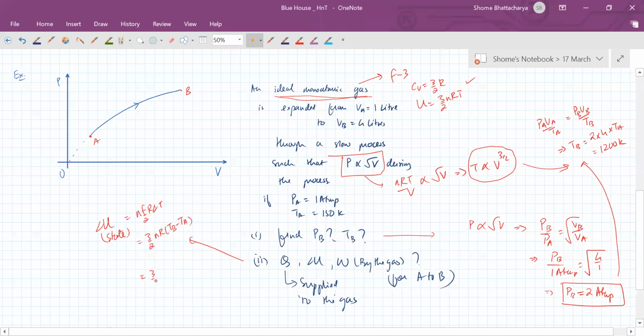So that can be written as 3 by 2 times (PBVB minus PAVA). I have understood, you are getting slightly different values because you have used slightly different values of 1 atmosphere pressure. That's fine. Both your answers are correct then.